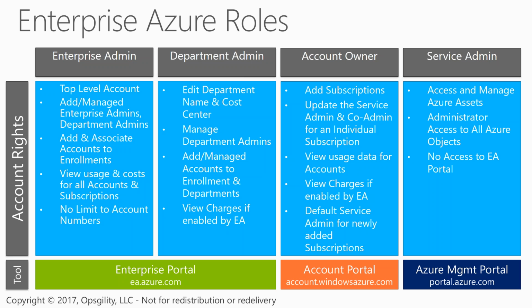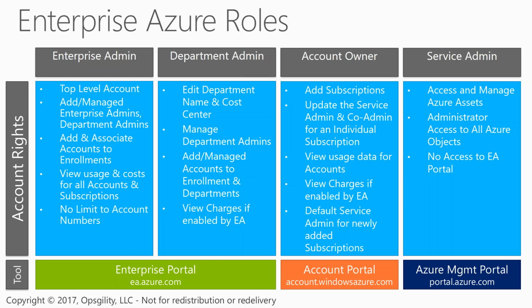Now the two roles, if you will, to the far right, these are really more relevant to all Azure subscriptions. The account owner role is the all-up owner of a subscription when it is first created. This person is going to be able to control who is the service admin and any co-administrators for a subscription.